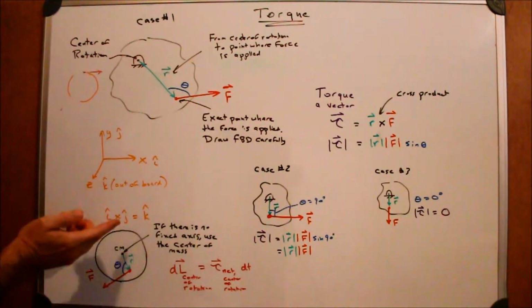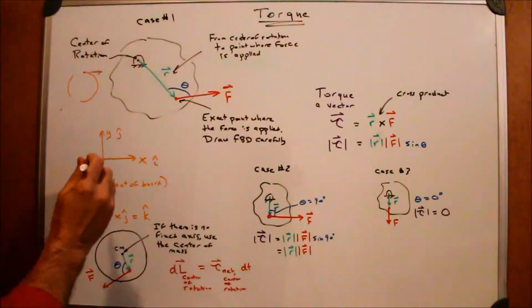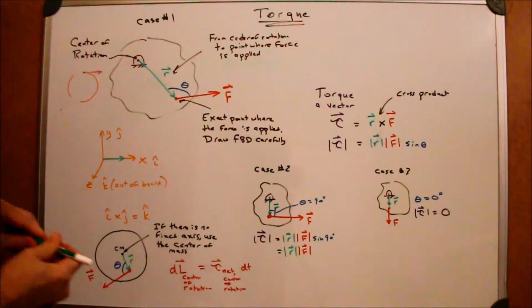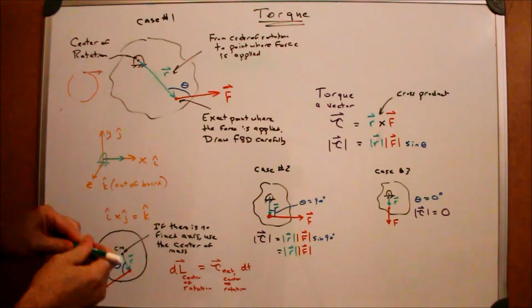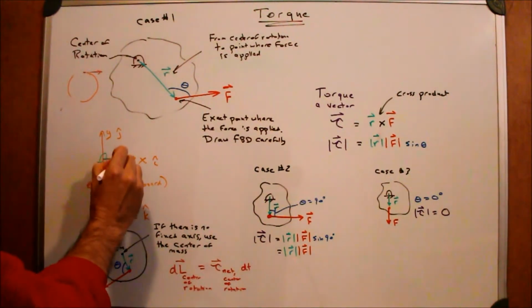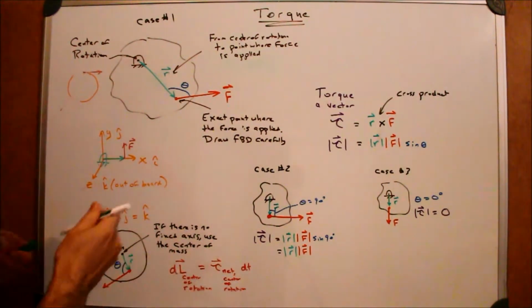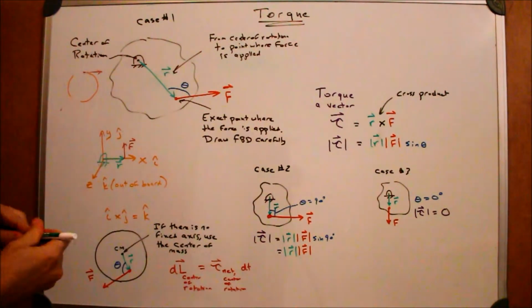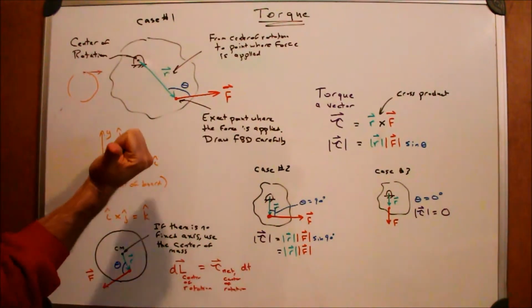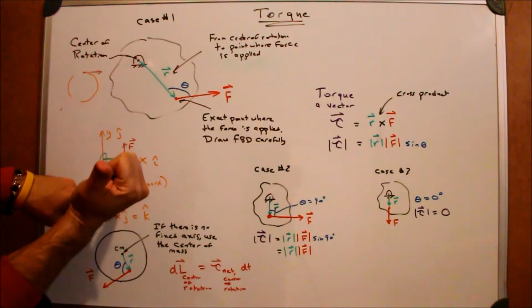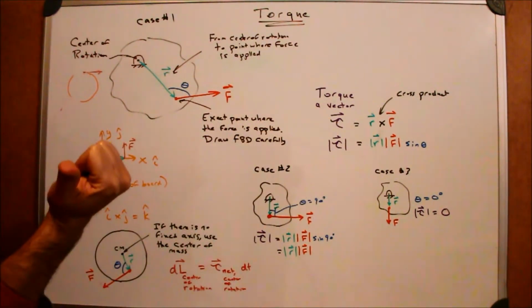For the cross product, if R is this way for this example, say the center of rotation was here, and the force happened to be this way, then we have R cross F. You start with R, you go to F, and you see that the direction of this vector is out of the board.